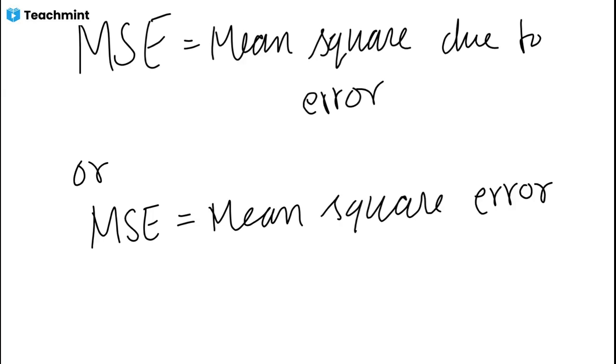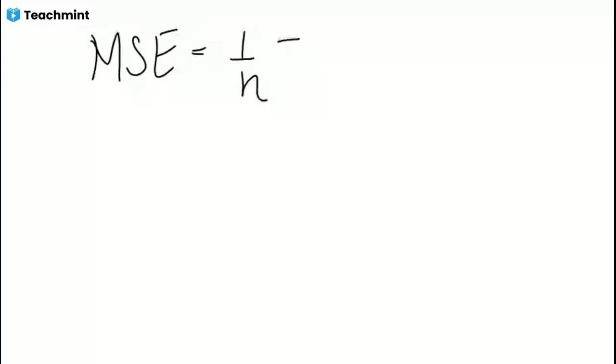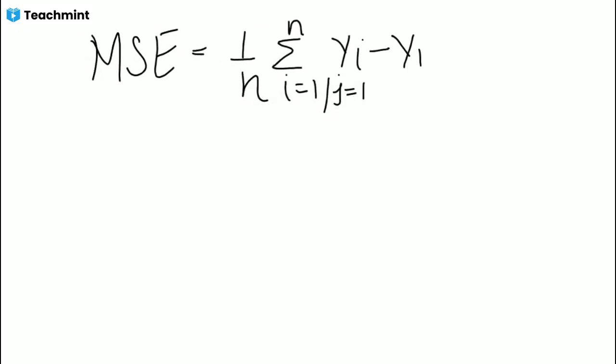And what is the formula to find them? MSE is equal to 1 by n summation i is equal to 1 up to n, or maybe they'll give you j also, yi minus yi cap square.